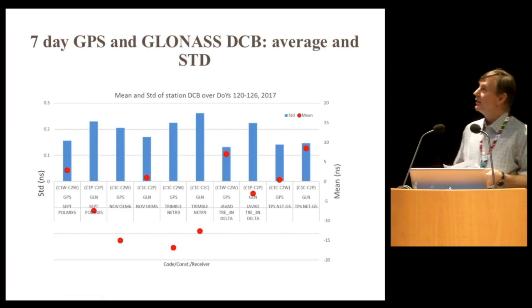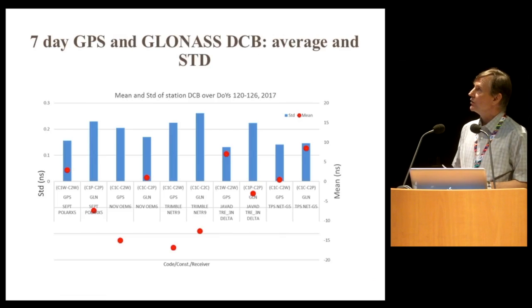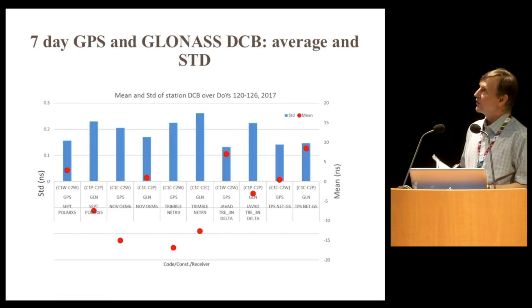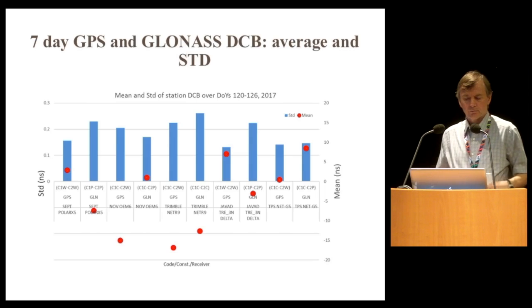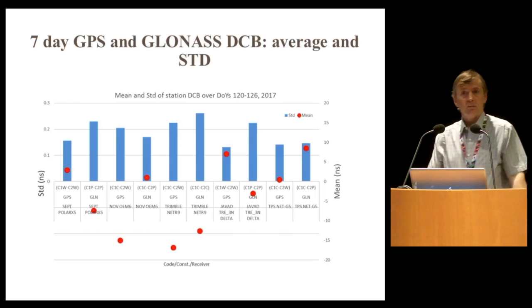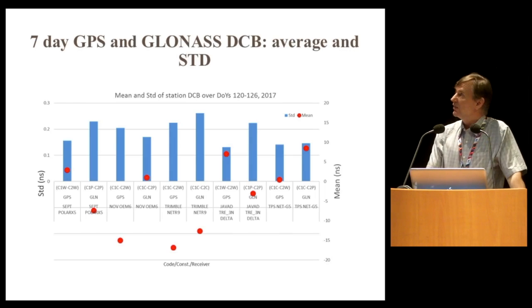Now we've got 7 days of GLONASS DCB average and standard deviation, GPS and GLONASS. And what we're hoping to show here is that the standard deviation of the DCB estimates over the 7 days are more or less compatible for all receiver types so that they're interoperable.